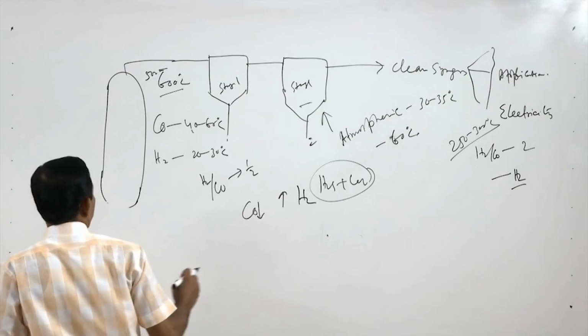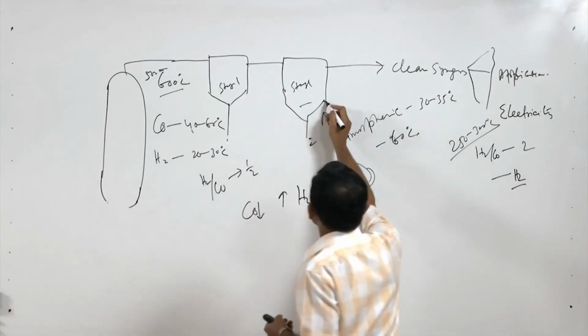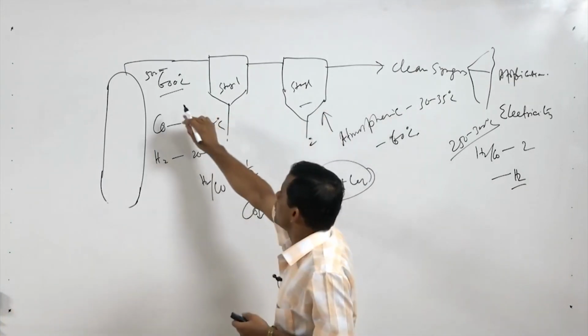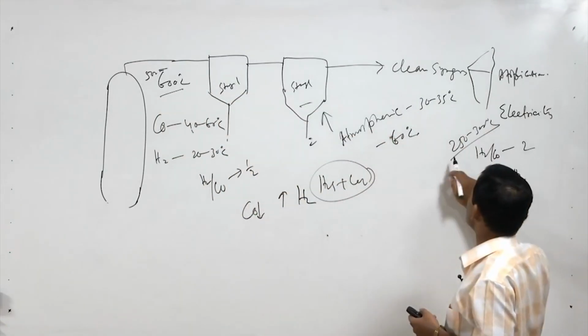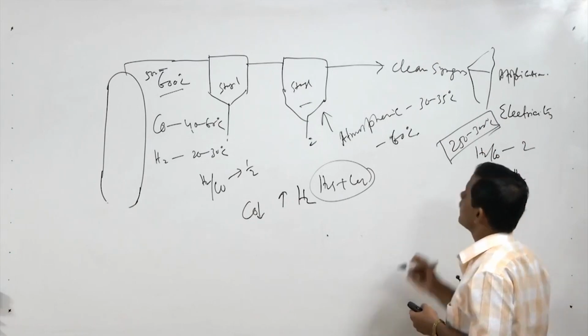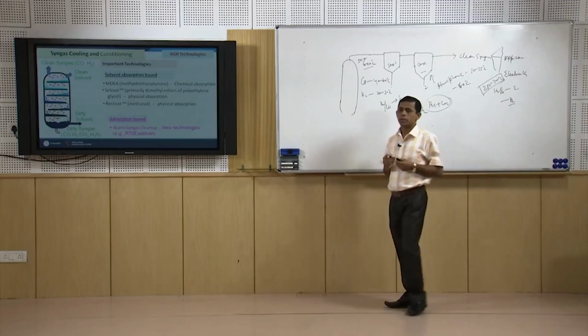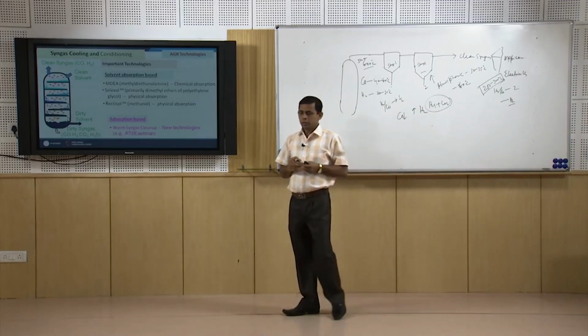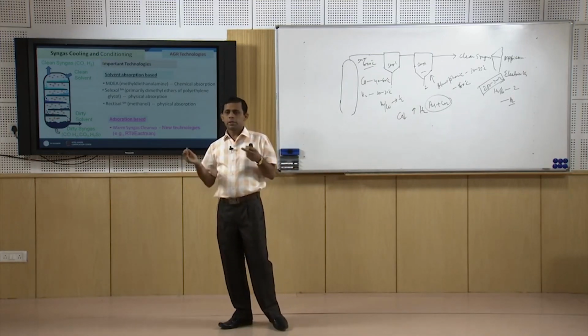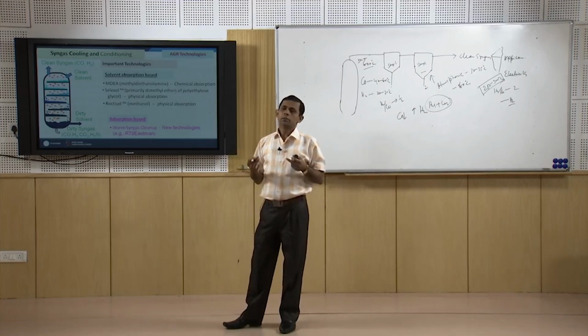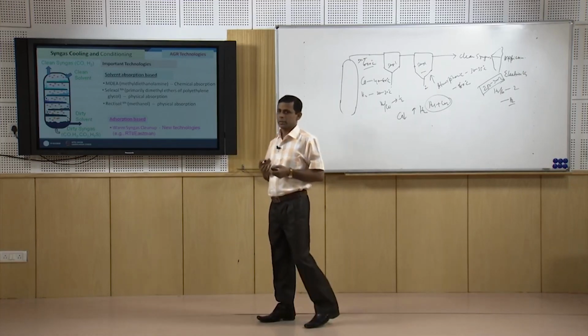So, if we use a conventional absorption process, obviously we have to reduce the temperature below atmospheric temperature, and again we have to increase the temperature to 250 to 300 degree centigrade for a particular application. So, once the temperature is brought down and again increased, these thermal processes will reduce the overall efficiency of the process.